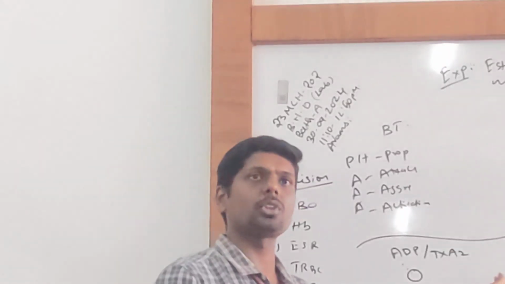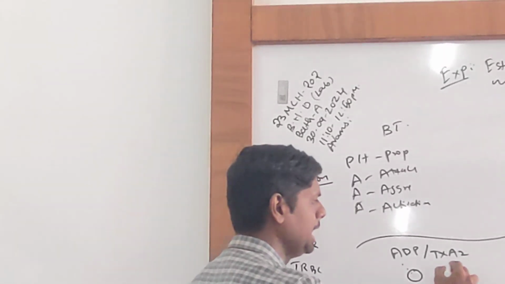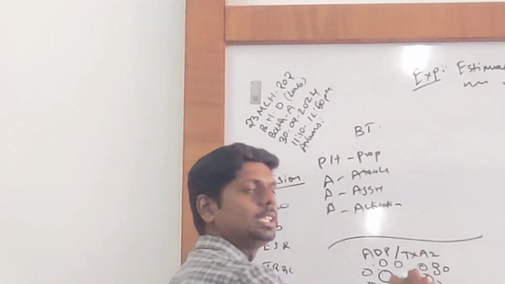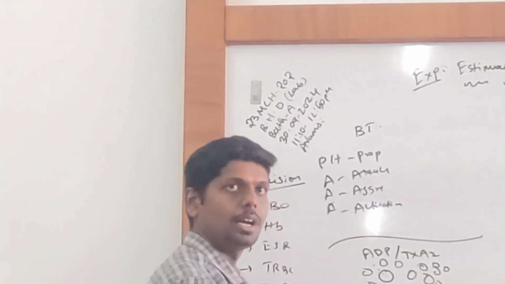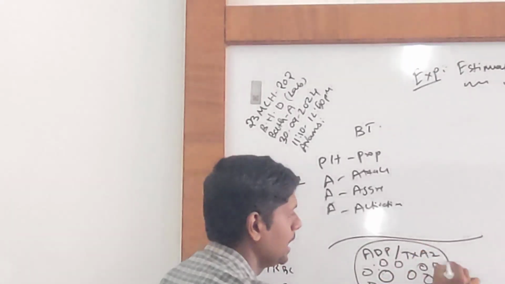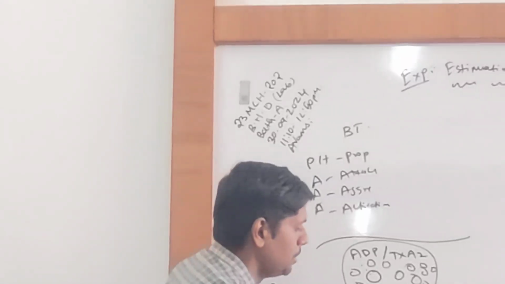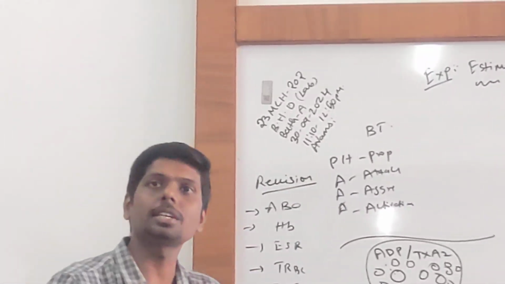In the presence of thromboxane A2, many platelets will aggregate at the site of injury. This is called platelet aggregation. After platelet aggregation, the primary platelet plug forms and bleeding is stopped. Bleeding prevented. This is bleeding time.